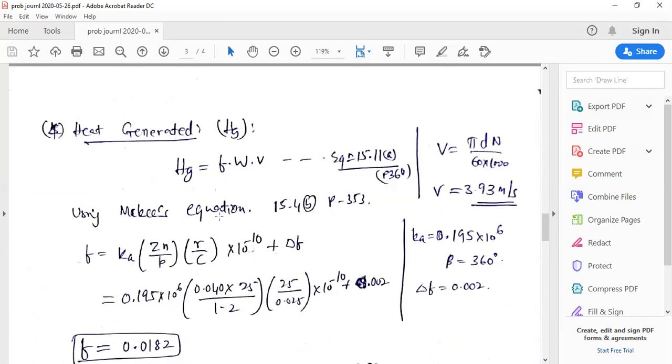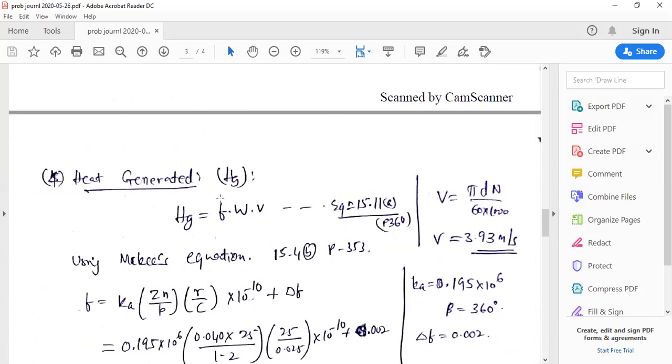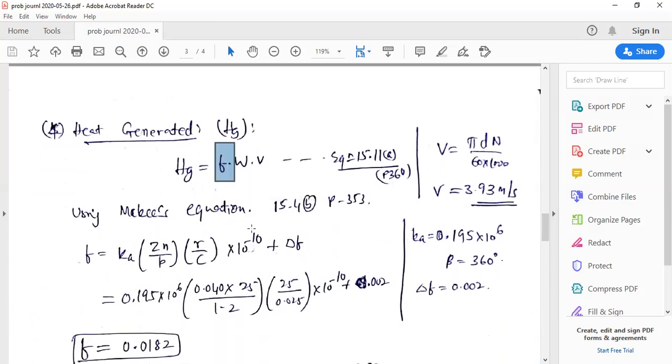Next comes the fourth step. Before that fourth step, there is one more thing that is asked, that is the determination of the coefficient of friction. That step is combined here itself in the fourth step. So heat generated is given by Fw into V. V is velocity, pi dn by 60 into 1000, which we can easily calculate by substituting the values of diameter of the shaft and RPM of the shaft.